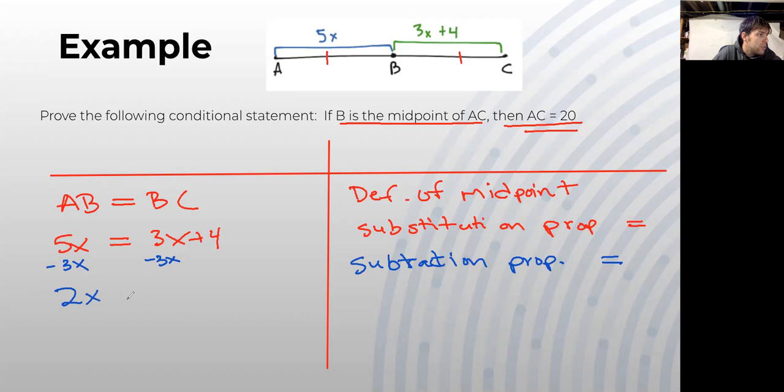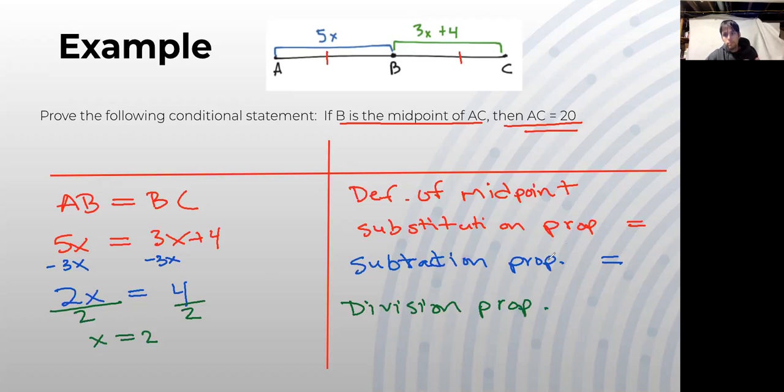That leaves us with 2x equals 4. And then our final step for solving purposes, but not our final step for the whole problem, is this. We divide by 2. That is the division property. So we get x equals 2.